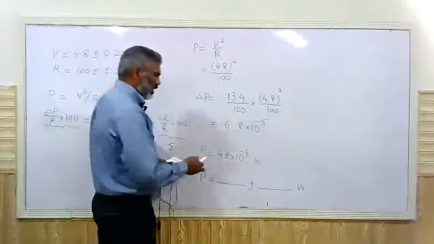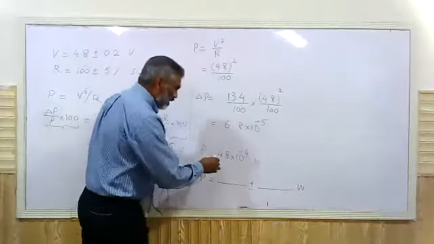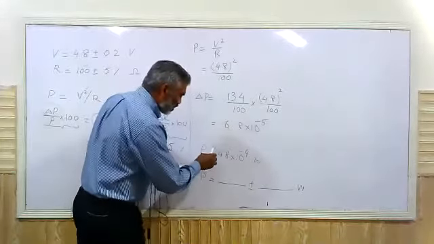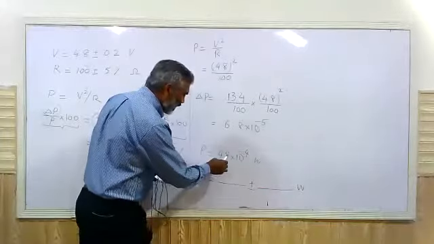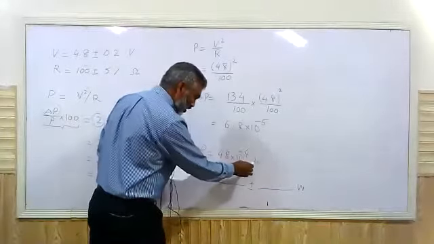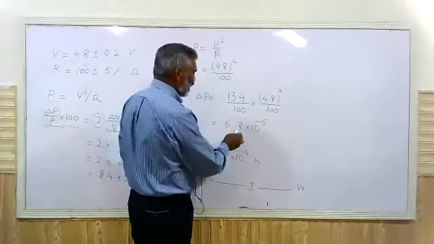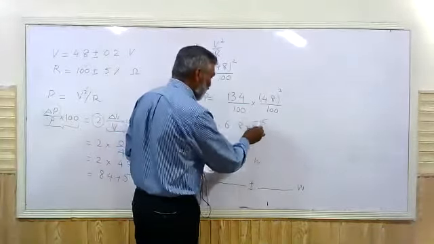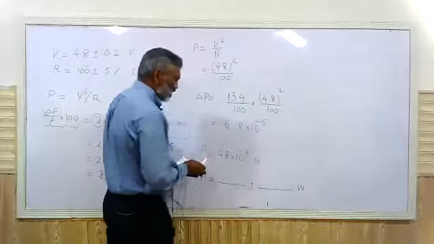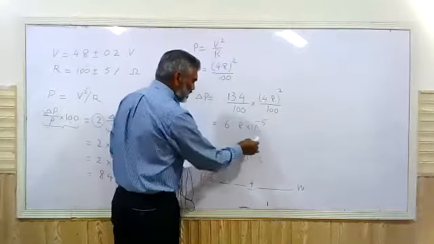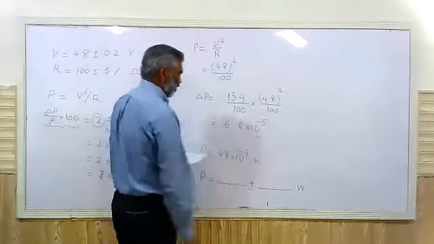That's why we are talking about this. So power is 4.8 into 10 to the power minus 4 watt. And this delta P, the uncertainty, is 6.8 into 10 to the power minus 5. So the first thing is, I need to make this and this same.